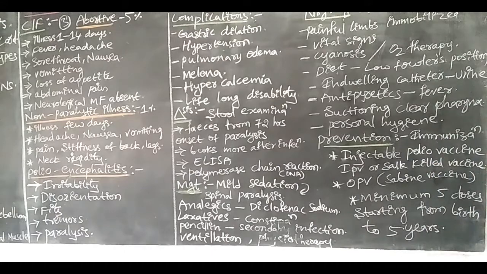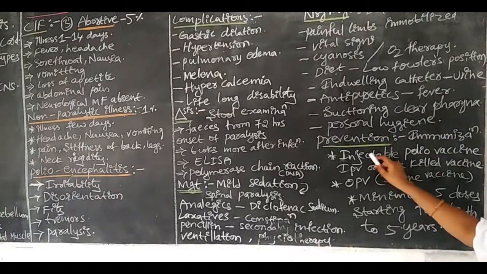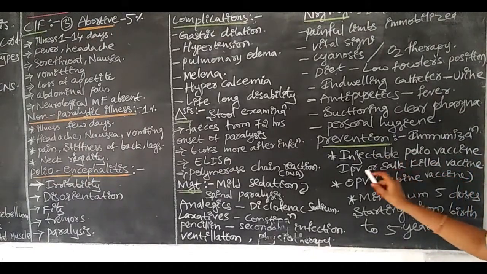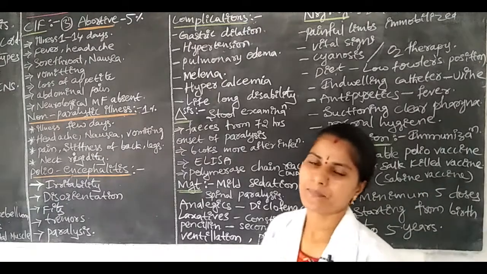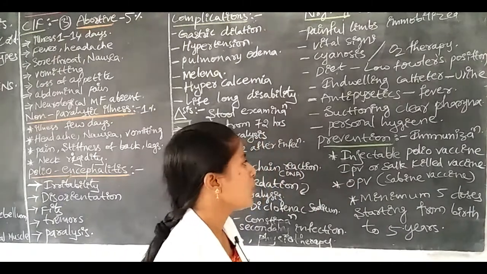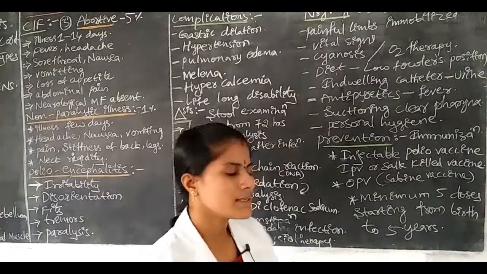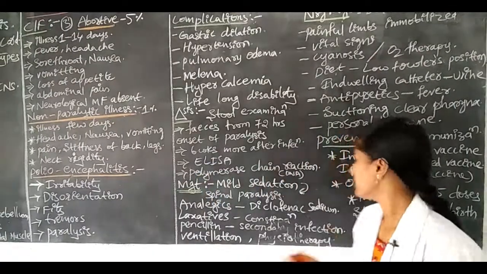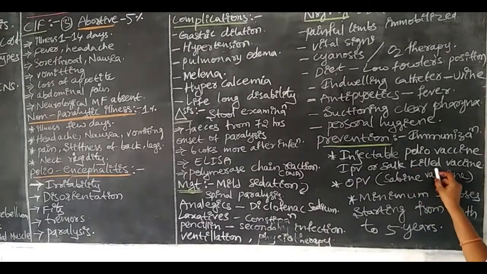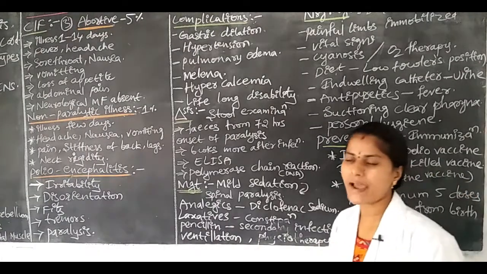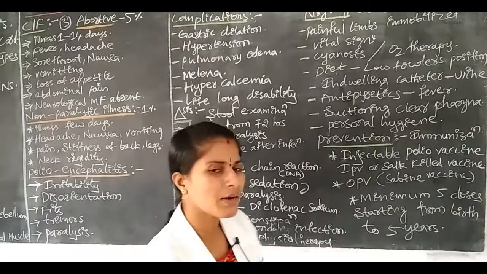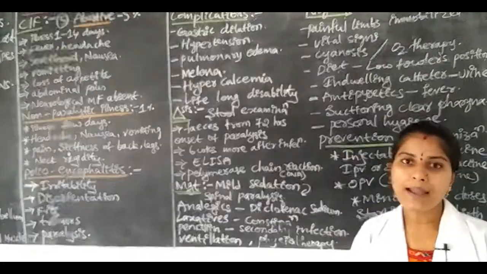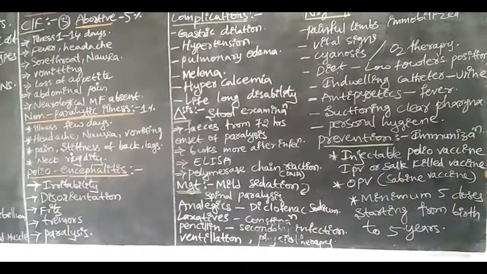In that, the vaccine IPV, nothing but injectable polio vaccine. Okay, injectable polio vaccine is the Salk killed vaccine. It will protect against the poliomyelitis disease condition.